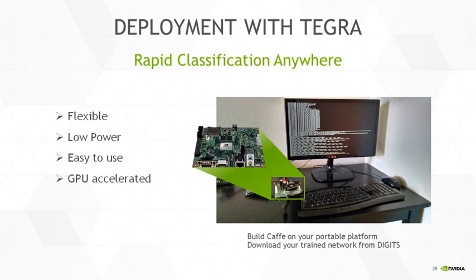Because DIGITS works closely with Caffe, DIGITS will output trained neural network files that are Caffe network files. So when you get on the Jetson, you'll want to build Caffe on that platform, and then you just port your trained neural network to that device.